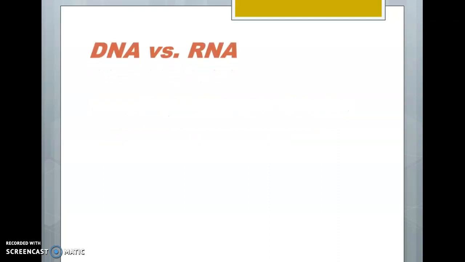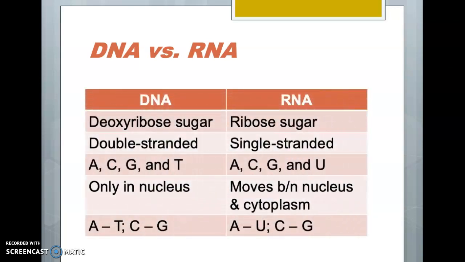DNA and RNA are very similar to each other, but they have some very significant differences. Obviously, based on what I've already said, you know that RNA has to be smaller than DNA. That would be right here where we're talking about DNA is double-stranded, RNA is single-stranded. So RNA is half the width of DNA, which means that it is smaller and can get out of the nucleus.